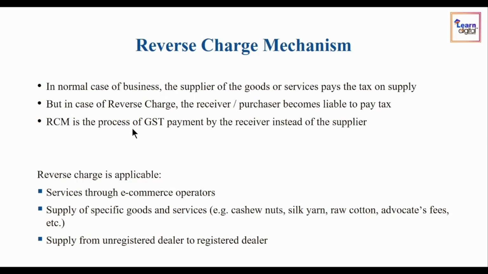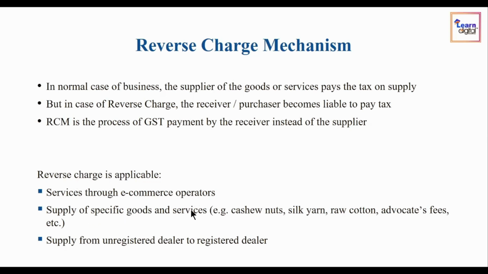So RCM is the process of GST payment by the receiver instead of the supplier. This reverse charge is applicable to services through e-commerce operators. The services provided through e-commerce operators are under the scheme of RCM.